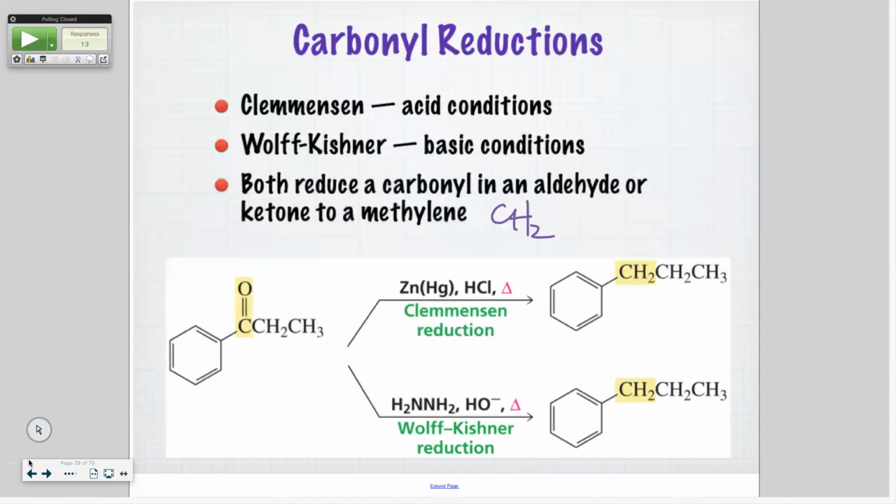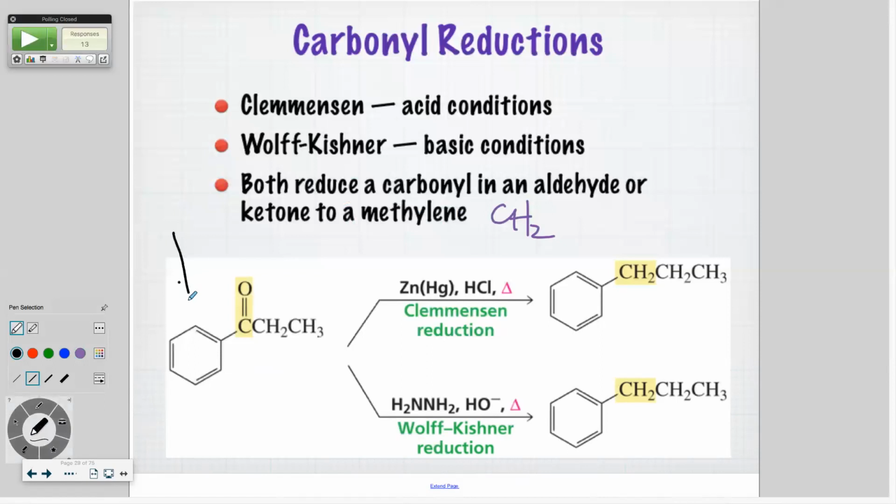Okay, you can find out what it is usually somewhere in the article, but notice we got the same thing. So if you were trying to make that propyl benzene over there, you would make this one first.